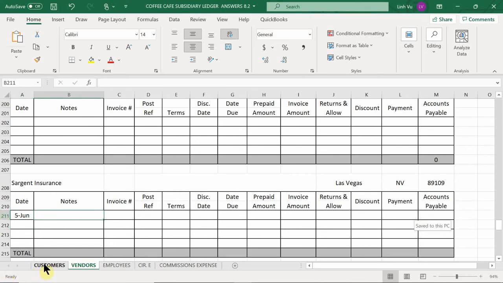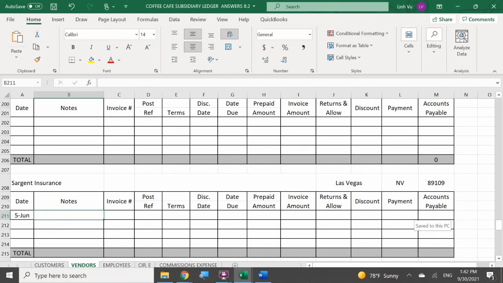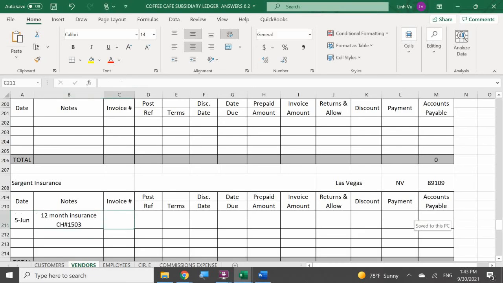And then in here, what's your note going to be? That you paid the 12-month insurance, with check number 1503. Okay.